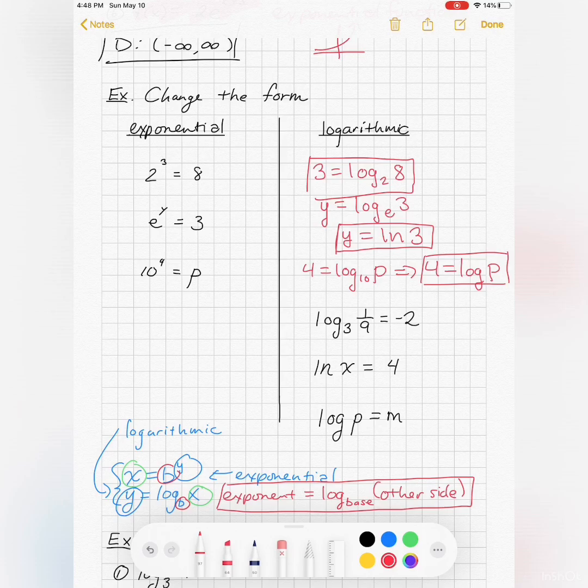And then these last three here, these guys are in log form. So it's actually even easier to change into exponential form. So here's the way I remember that. This guy down here is the base. This guy's the exponent. So wouldn't that just be 3 to the negative 2 is 1 over 9?